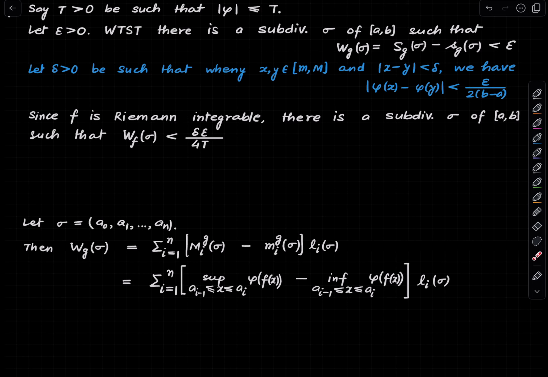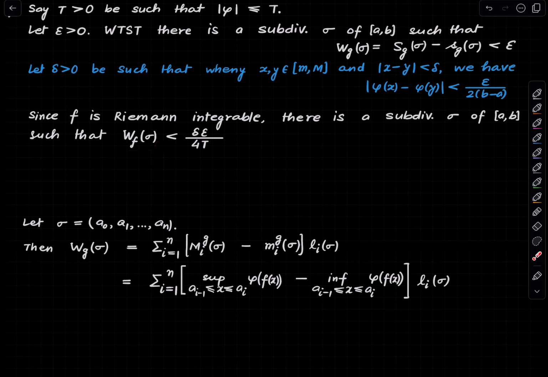So why this precise number? So that at the end I get something less than epsilon rather than something less than epsilon times some constant. There's nothing wrong with it, but it's just better this way. Okay. So all we know is that the oscillation of f over sigma is small.